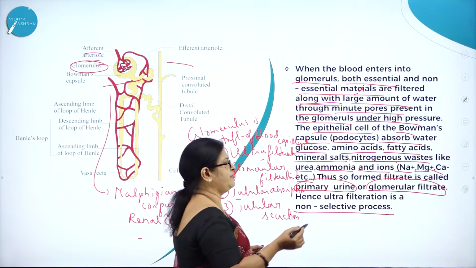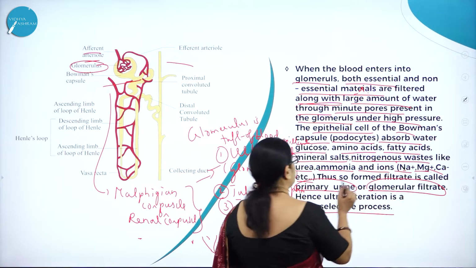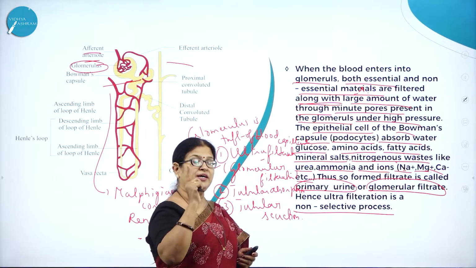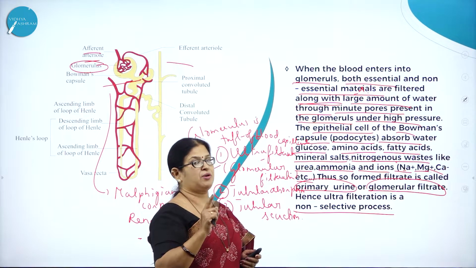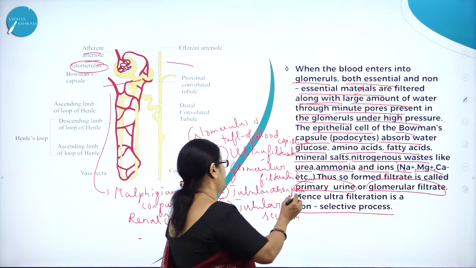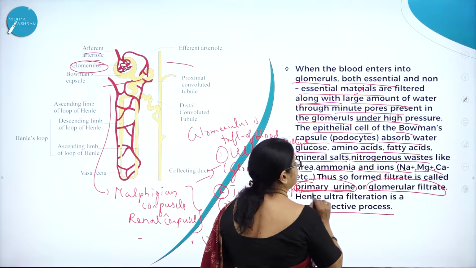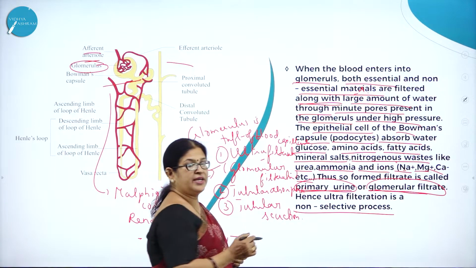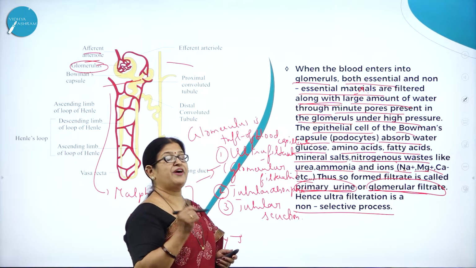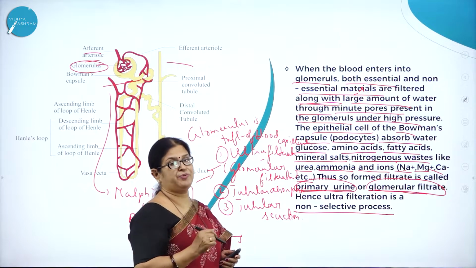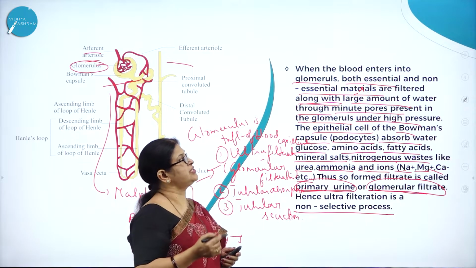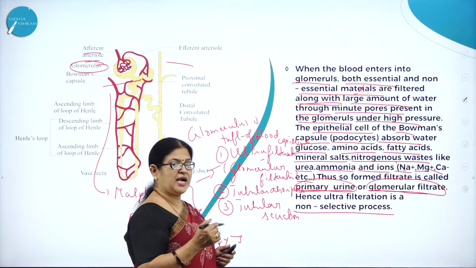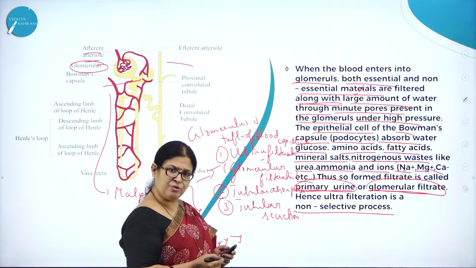Ions may be in the form of sodium, magnesium, and calcium. The filtrate that is formed in the Bowman's capsule or renal corpuscle is called the primary urine, or otherwise the glomerular filtrate. Hence, ultrafiltration, fine filtration, is a non-selective process because both essential and non-essential materials are filtered here along with a large amount of water.